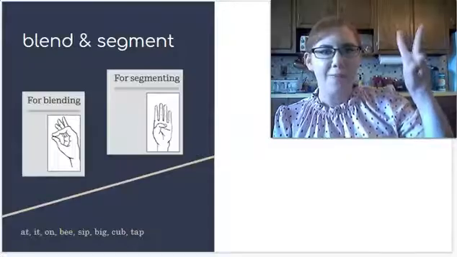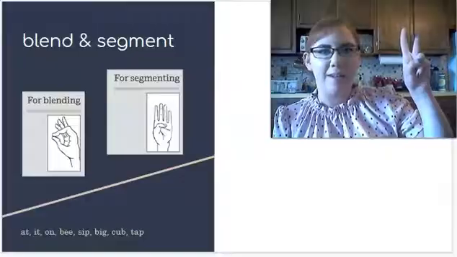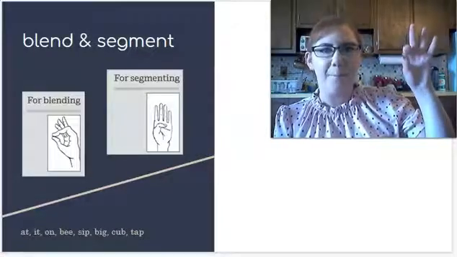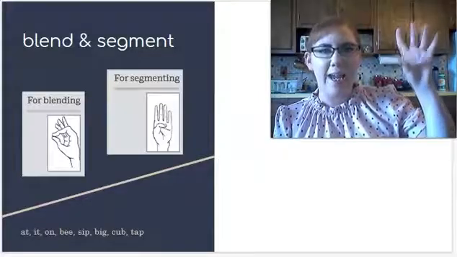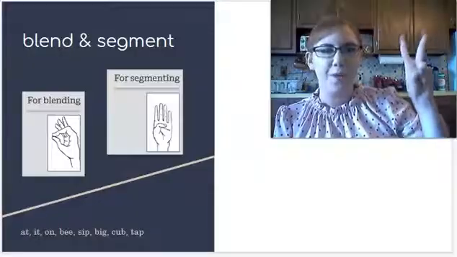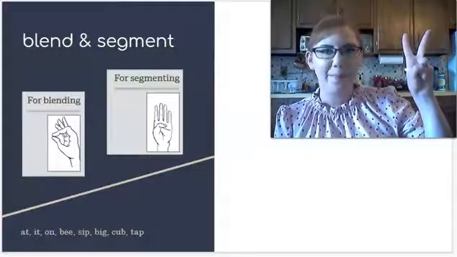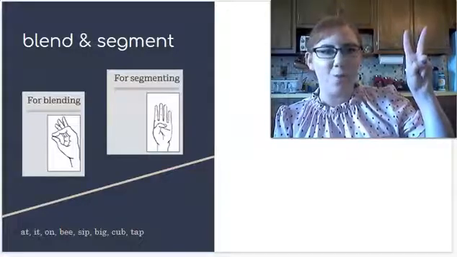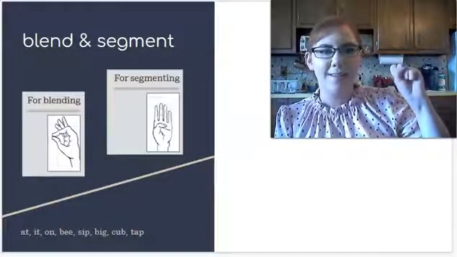Put 2 fingers up for on. The next word, bee. Put 2 fingers up for bee. Make sure we can see you wiggling those fingers.